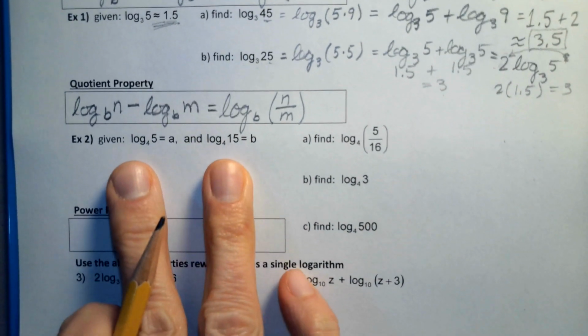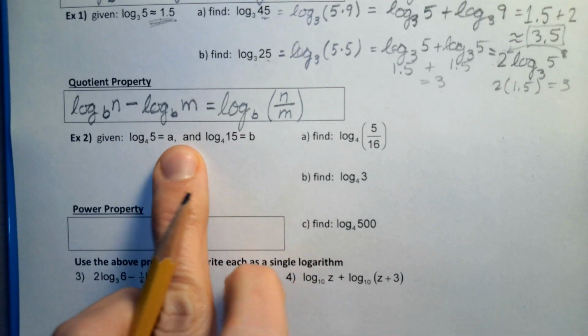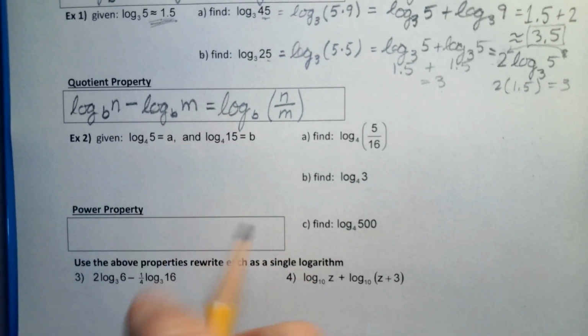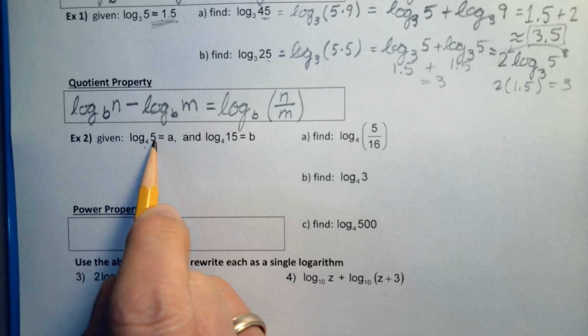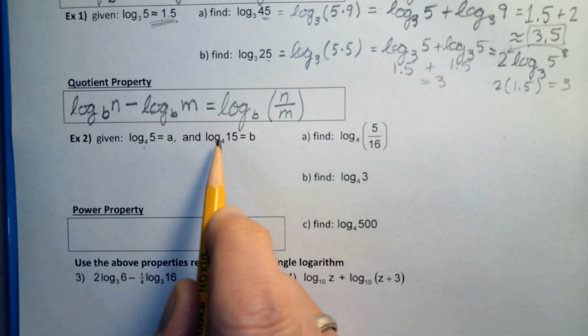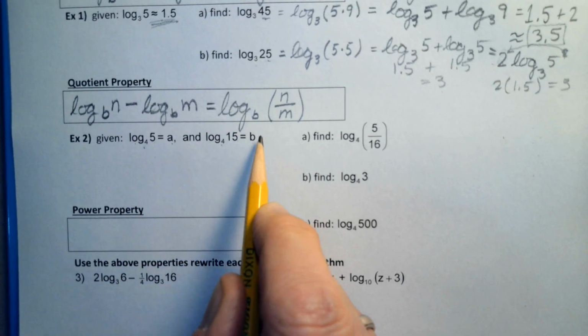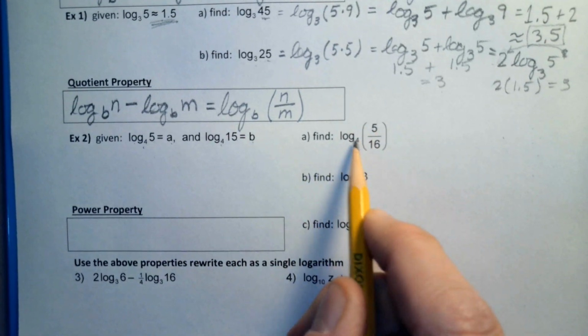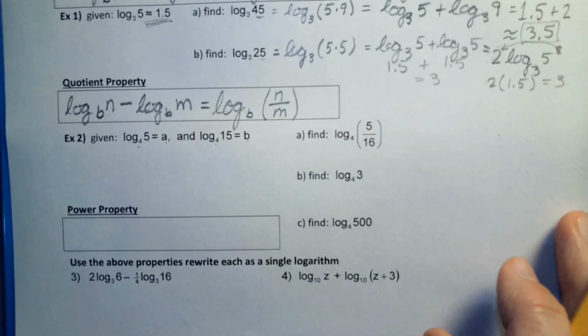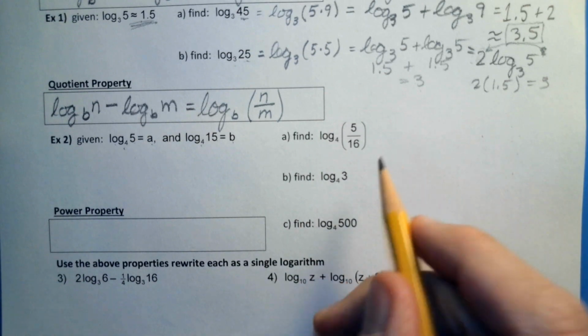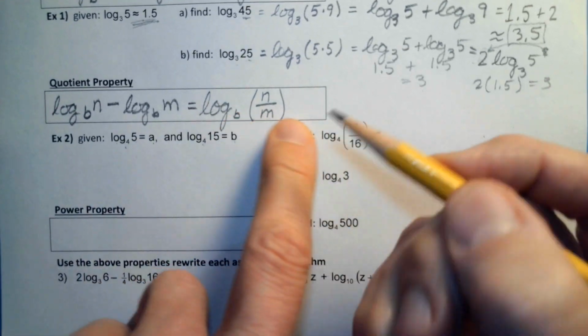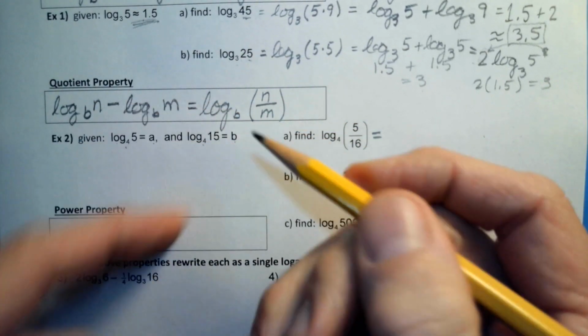So let's use that. This time, instead of giving an estimate, I gave you a letter. So log base 4 of 5 is just going to be A. Log base 4 of 15 is going to be B. So we're going to rewrite this in terms of A's and B's. Okay. So it's a quotient, it looks like. So I can immediately, again, work in reverse. These rules go both directions.